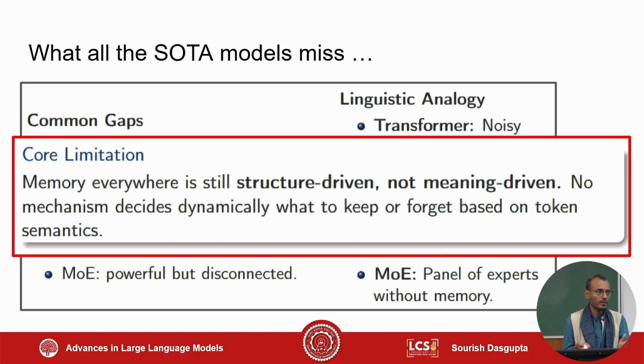Everybody is trying to deal with memory. Everybody is structure driven, but not meaning driven. There is no mechanism that decides dynamically what to keep or forget based on the contextual meaning of the new word. It doesn't update or revise what it has done so far on the basis of the contextual meaning of the new word.